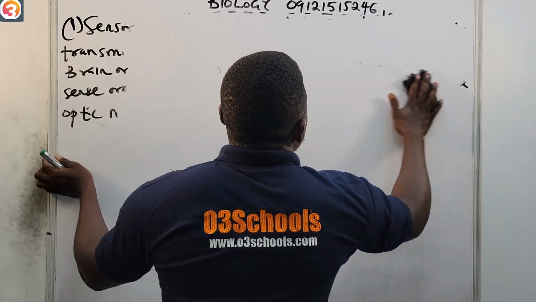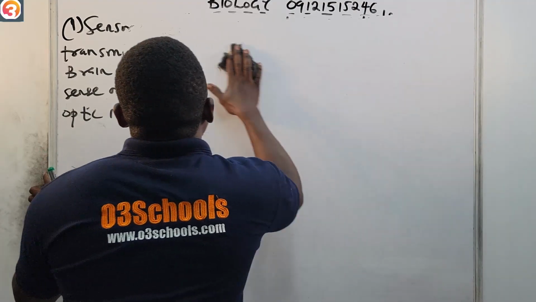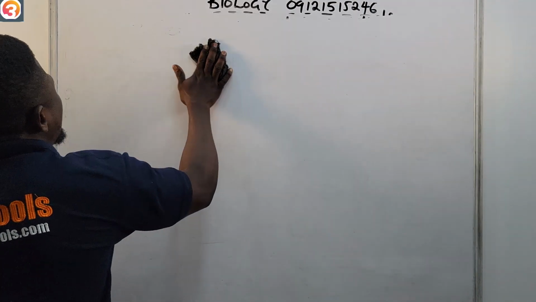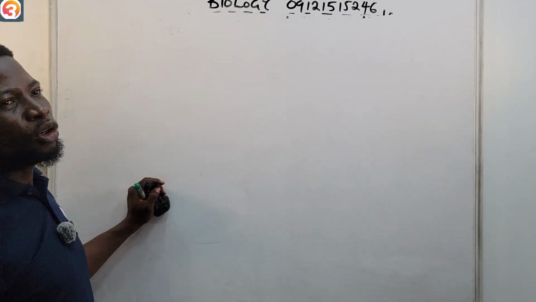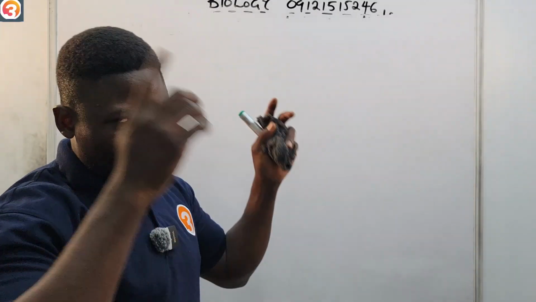What does the motor neuron do? It is responsible for transmitting information also, but this time from the brain or spinal cord to different parts of the body.